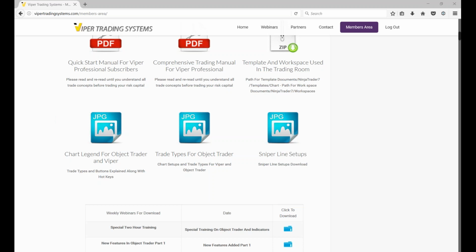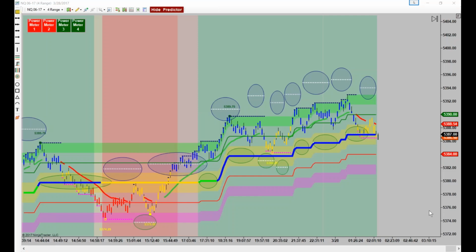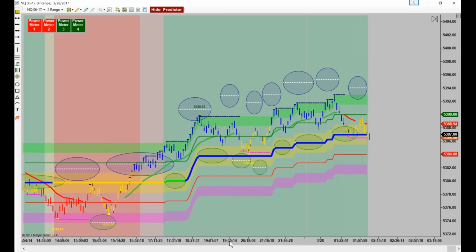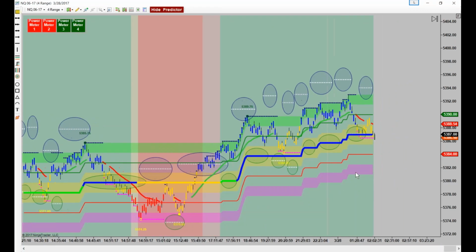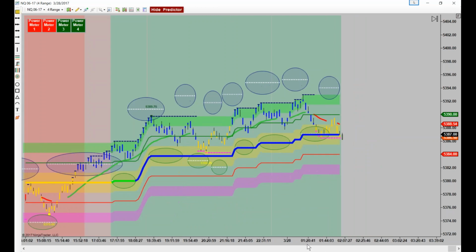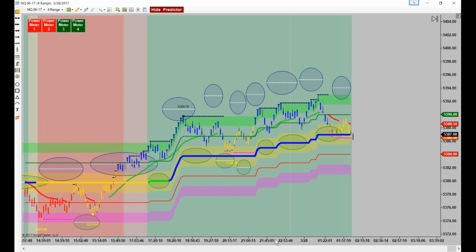Bear with me a second. I'm going to go ahead and bring this up. This is fine right here. What I want to show you is basically what we're going to add to Object Trader: a trend line trader, okay? With a trend line trader, you're going to want to look over your particular instrument and see how many bars you end up getting before they do these rollovers.